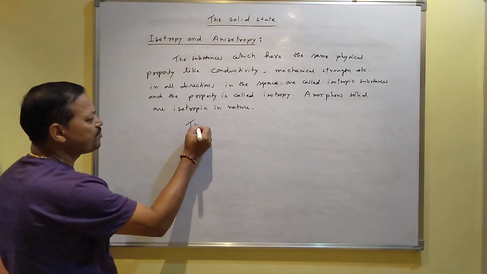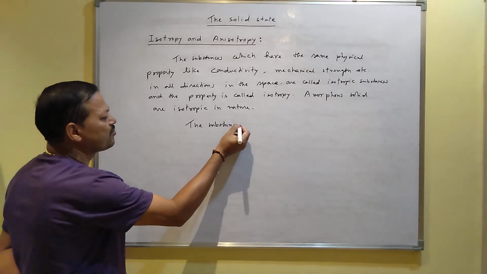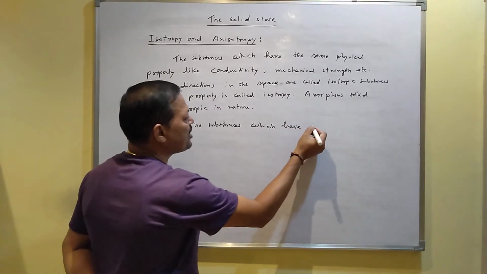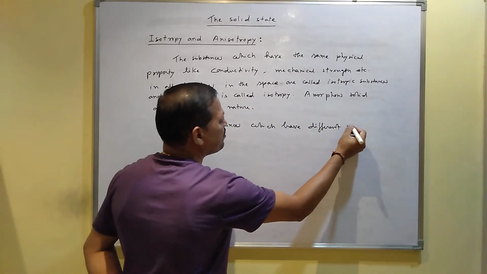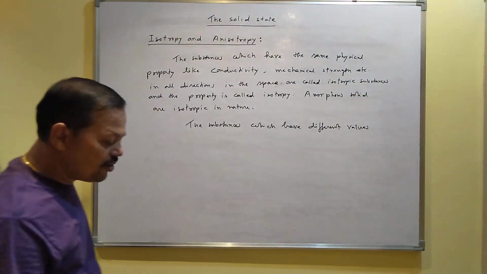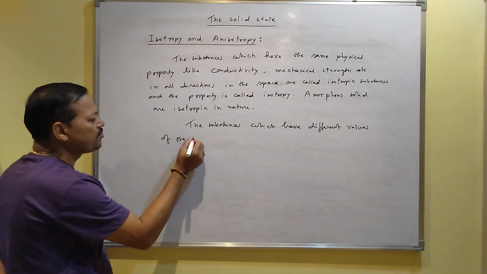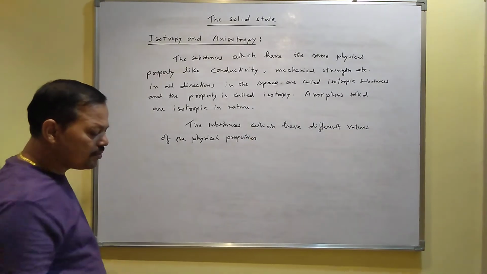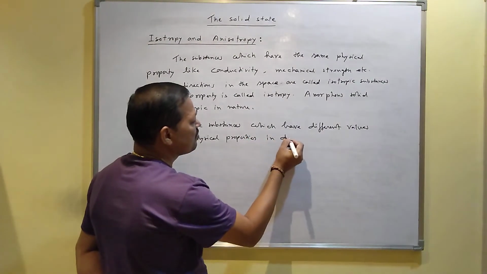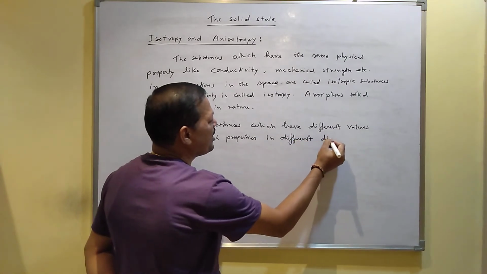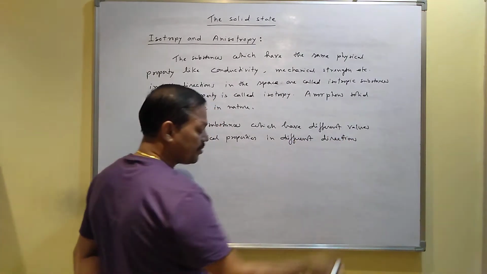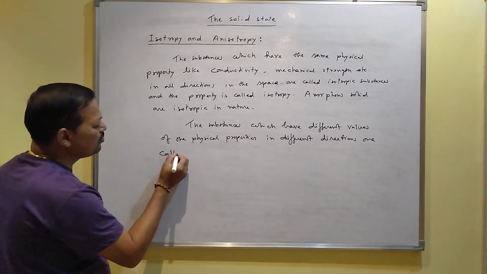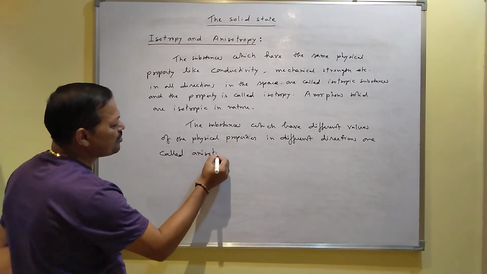The substances which have different values of the physical properties in different directions are called anisotropic substances.